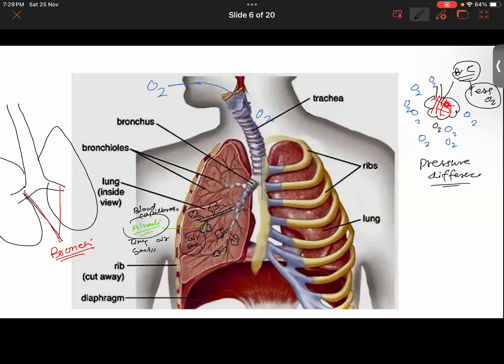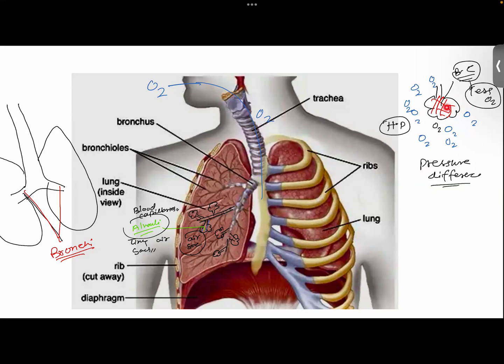So there is a very small amount of oxygen for a momentary period of time, while it is surrounded by a good amount of oxygen molecules. Thereby, outside the alveoli the pressure of oxygen molecules is high, while inside it is less. Due to this, there is a flow of oxygen molecules from outside to the blood capillary. In this manner, the oxygen is received.